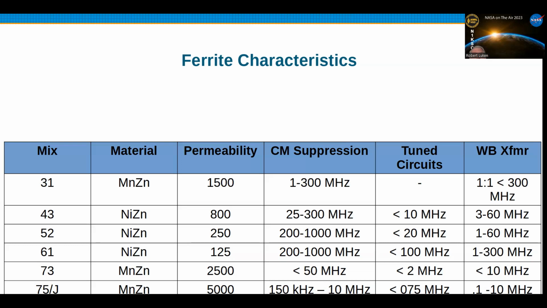If you use them in tuned circuits, it shows the kind of operating ranges. And transformers, they act a little differently. Normally, the 31 mix is what you use for a choke.